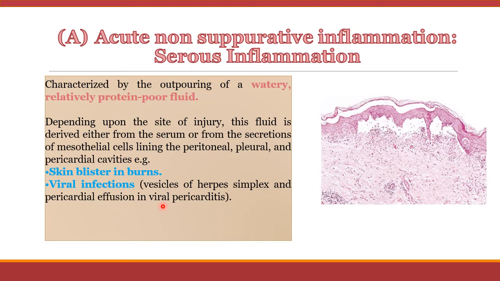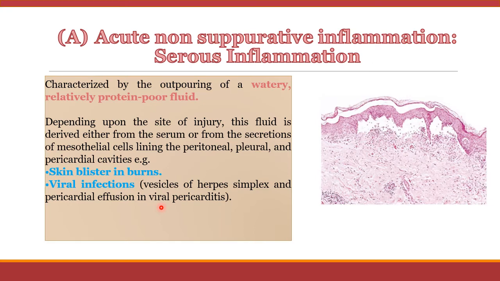So let me say that this serous inflammation is common in the serous sacs, or the serous membranes that are covering our internal organs. The most common serous membranes are the pleura that is covering the lung, the peritoneum that is lining and covering the organs in the abdominal cavity, and the pericardium that is covering the heart.